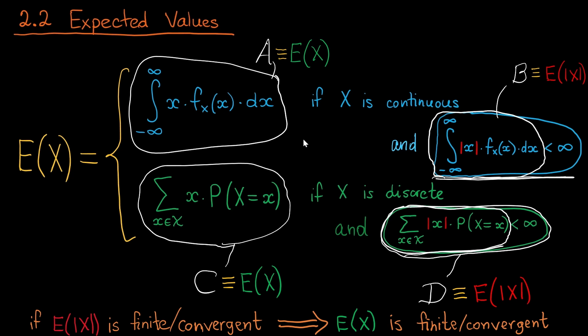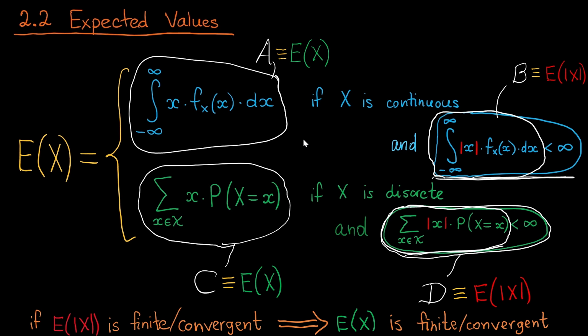So going back to the definition of the expected value briefly, you see that the expected value is defined only if the series is absolutely convergent. Right? That's right there in the definition.